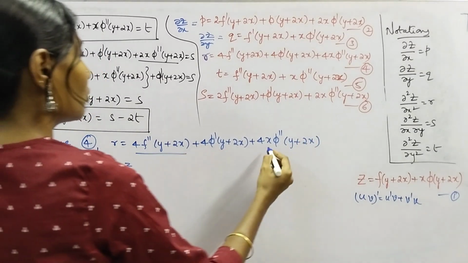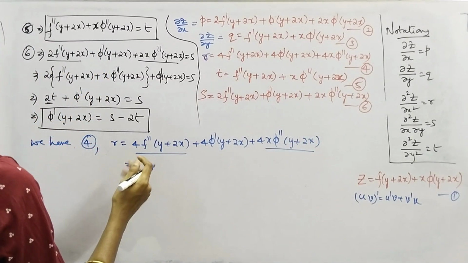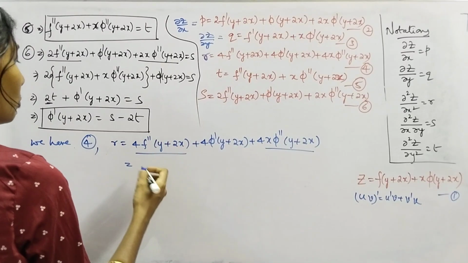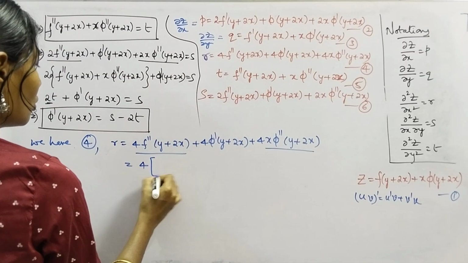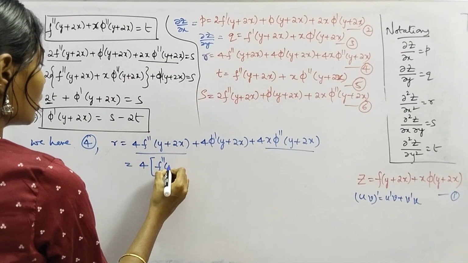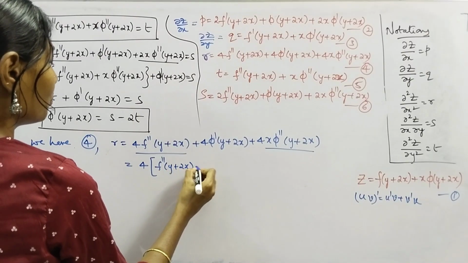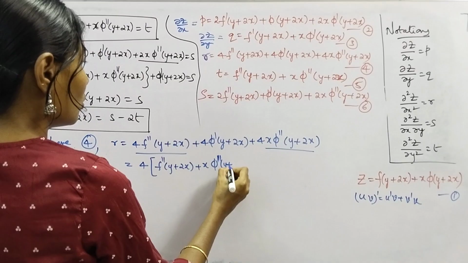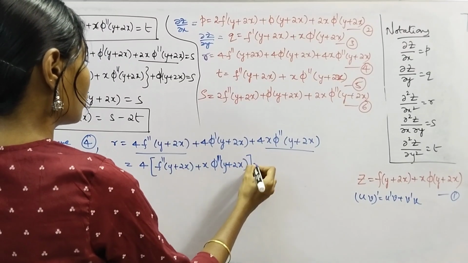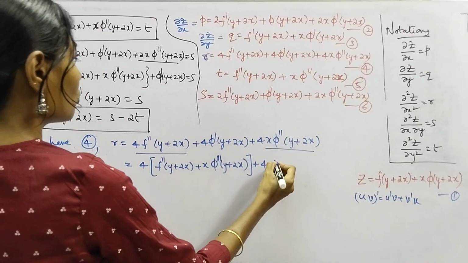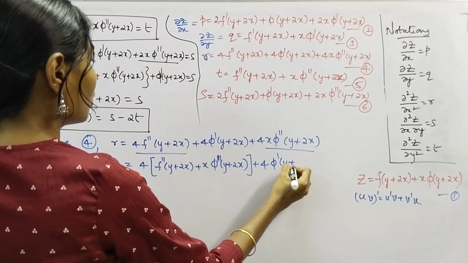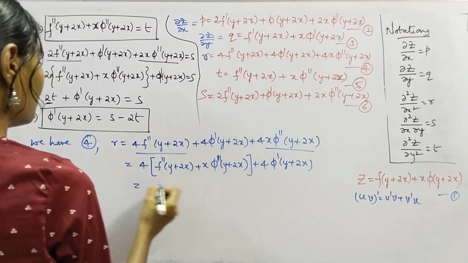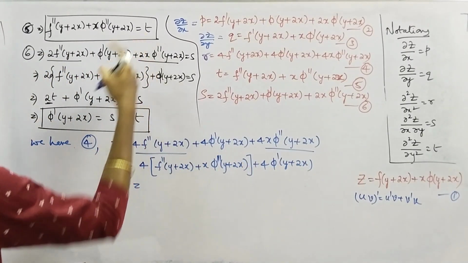Just take 4 common from the two terms which involve the double dash, that is the double derivative. We'll get 4 times (f'' of (y + 2x) plus x into φ'' of (y + 2x)) plus 4 into φ' of (y + 2x). You can replace it by t.